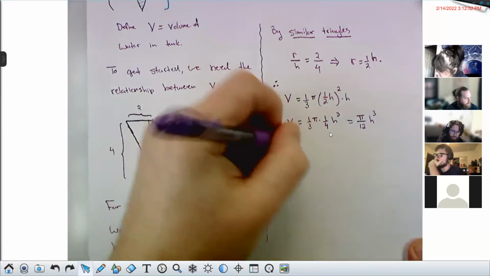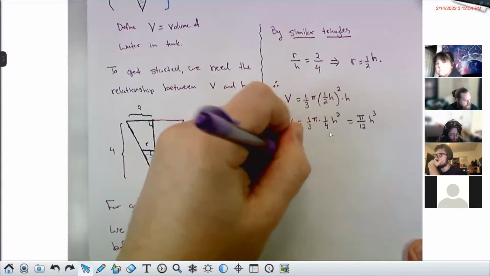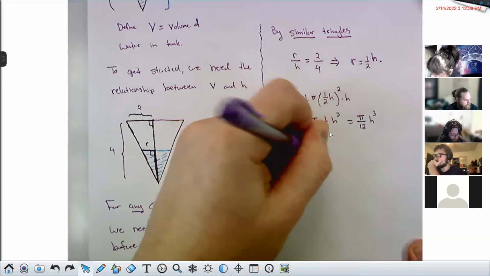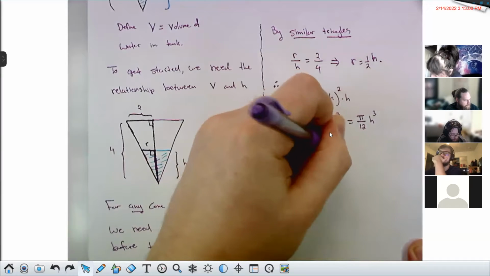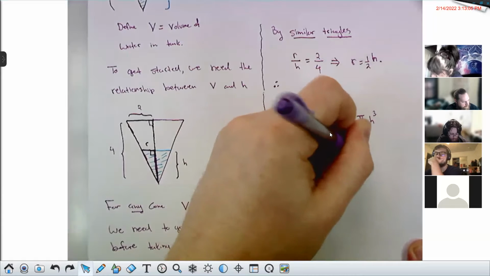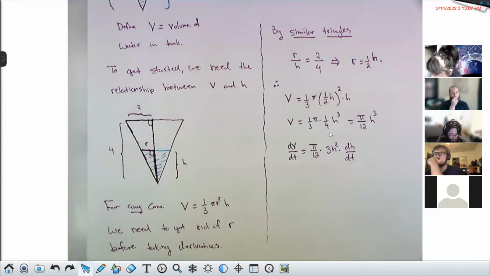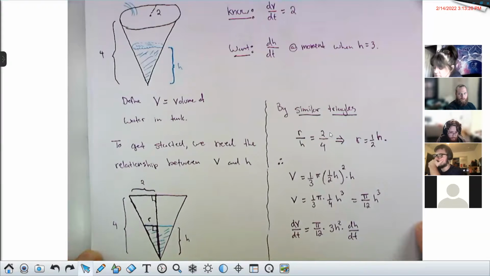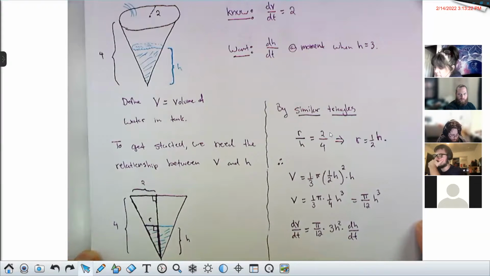When I differentiate on both sides, I'll get dv dt on the left, pi over 12 times 3h squared times dh dt on the right. I know that dv dt is 2, and I want dh dt at the moment when h is equal to 3.